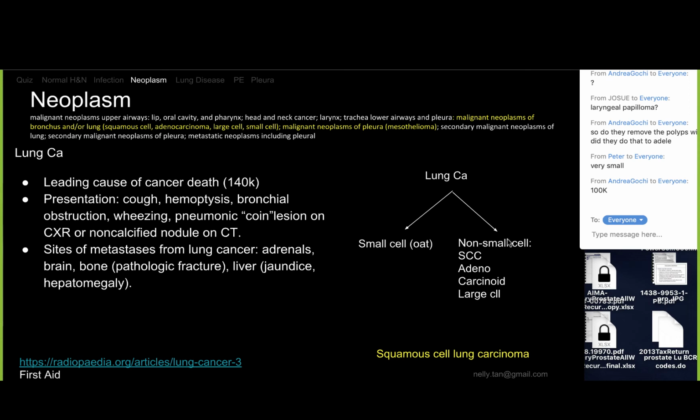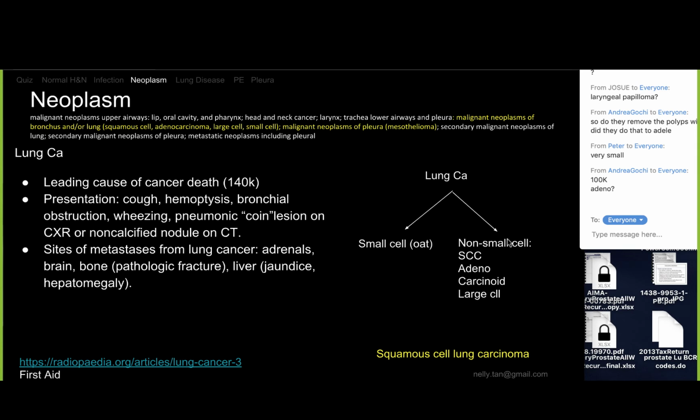Any guesses? It used to be squamous, but now it's adeno. Yeah. So with smoking, anti-smoking campaigns and whatnot, squamous cell carcinoma has gone down, and now adeno is the most common type of lung cancer, which is not as related to smoking.